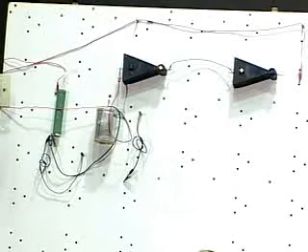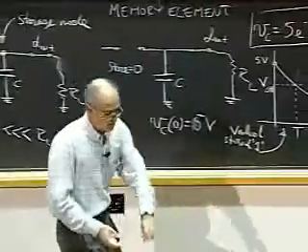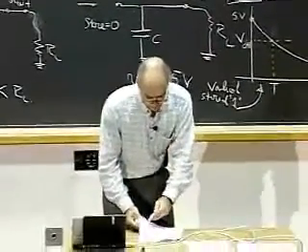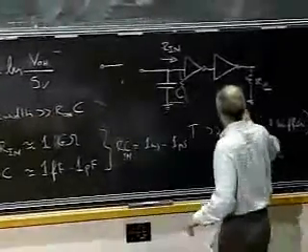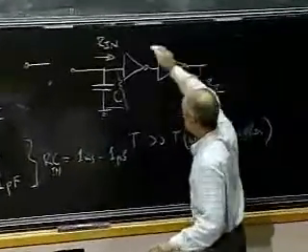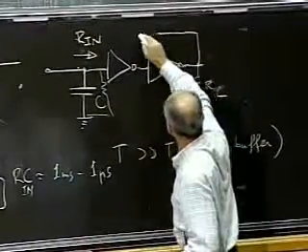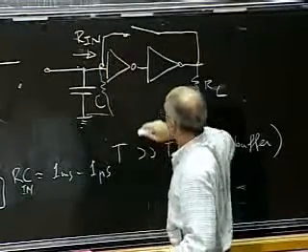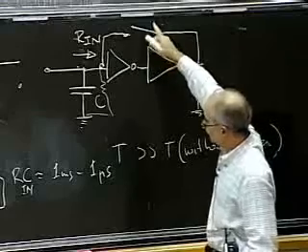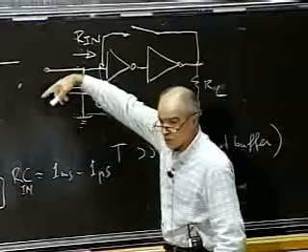Now notice, however, that there is something I can do here. Suppose I take a switch and bring it back, and provide a path from the output to the input here. And this switch is open when this is closed, and closed when this is open.